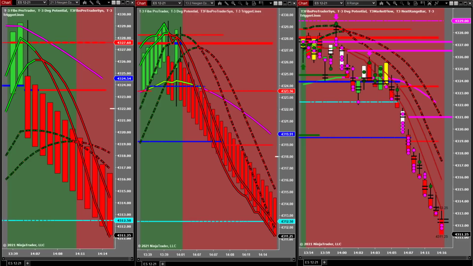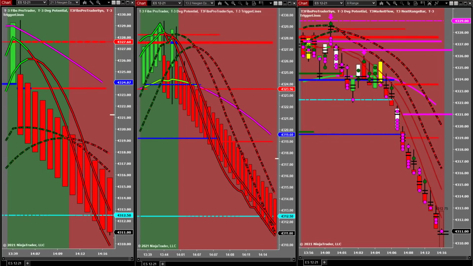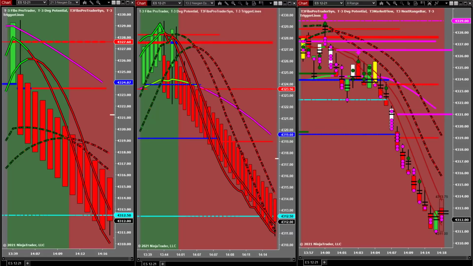So whenever you have termination on multiple charts at the same time, you have to really pay attention to that spot. Watch the market flow now. Usually if it's a good low, the market flow will go jumping out of there with a lot of bright colors.